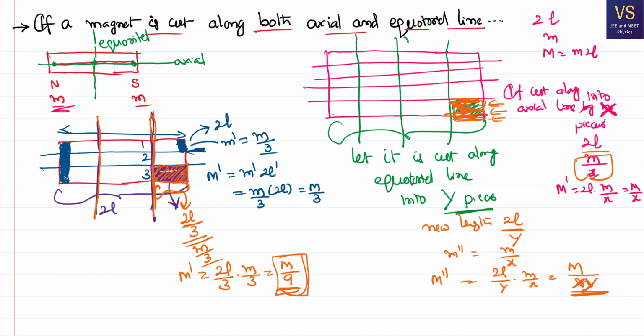So if a magnet is cut into X pieces along the axial line and Y pieces along the equatorial line, the new magnetic moment is the original magnetic moment divided by XY. That's how we solve these simple problems. Thank you for watching.